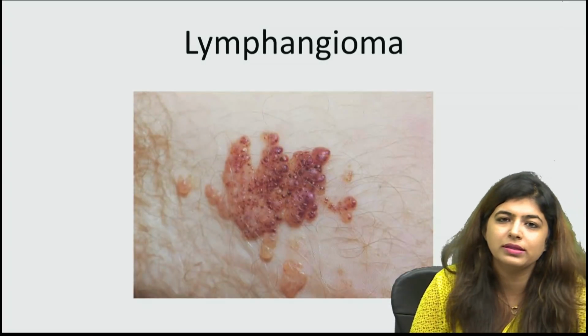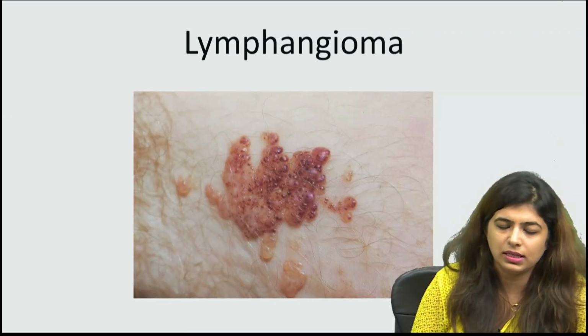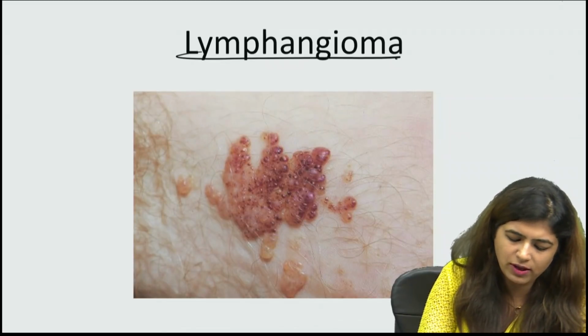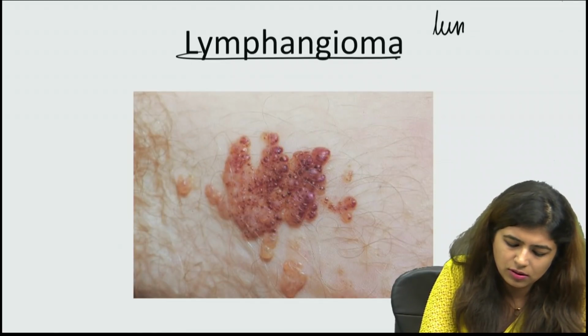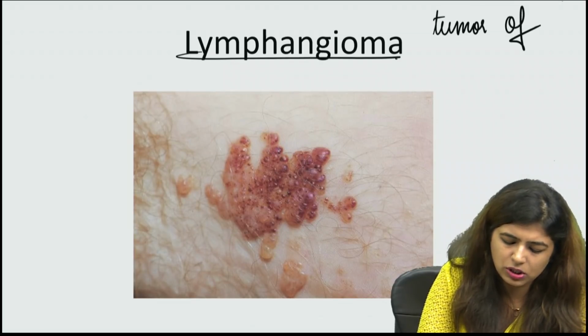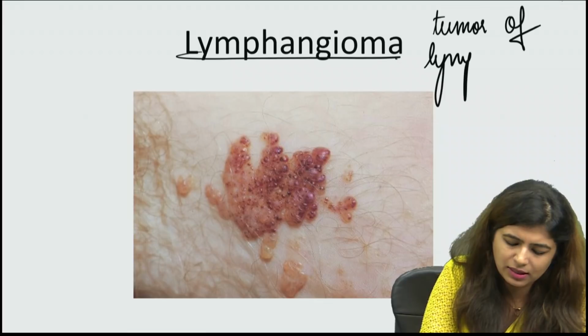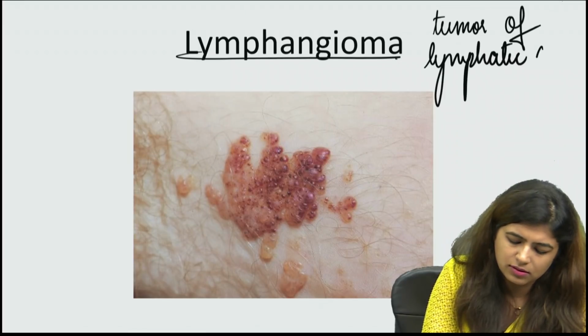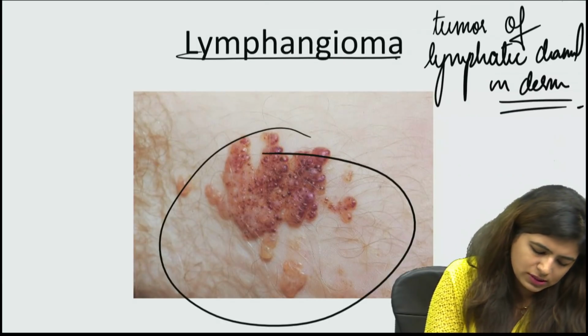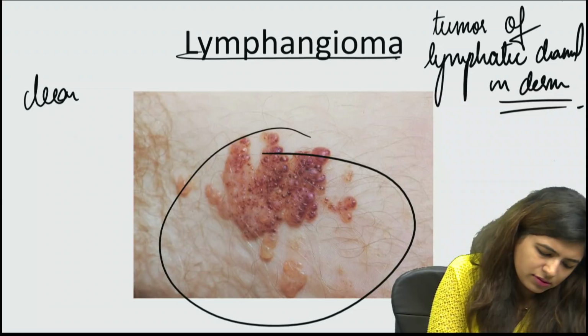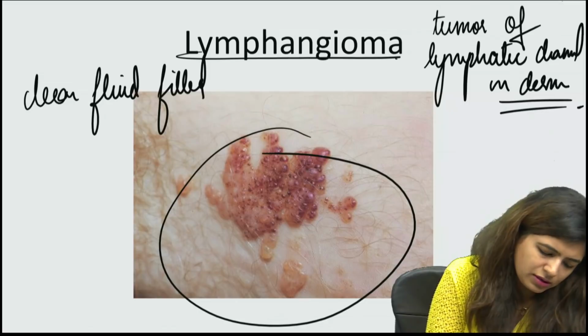The third option that we had in the question was a lymphangioma. Lymphangioma is actually a tumor of the lymphatic channels in the dermis. So this looks like clear fluid-filled vesicles.